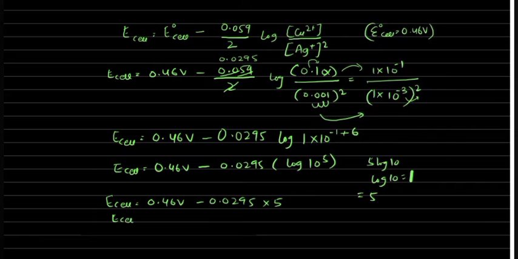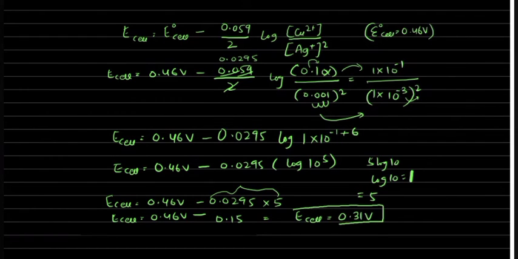E cell is equal to 0.46 volt minus 0.15, because this multiplication gives 0.15, and ultimately E cell is equal to 0.31 volt. So this is the answer of this question. I hope you understood.